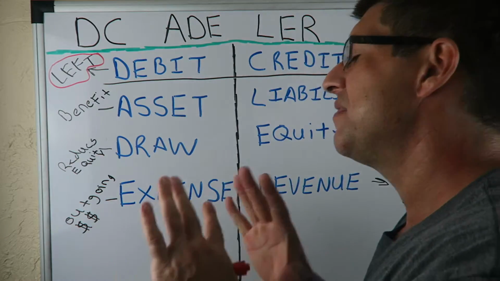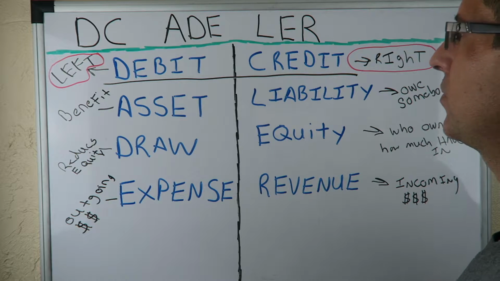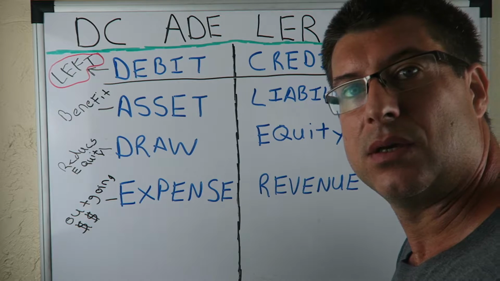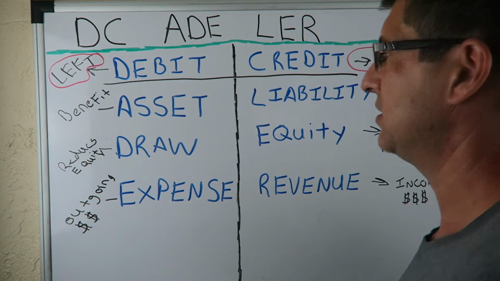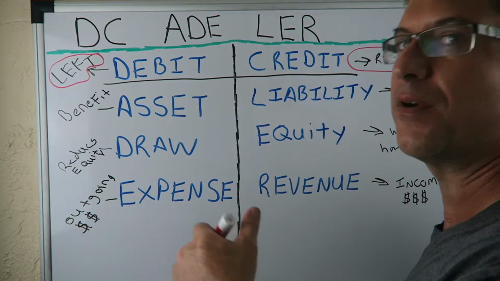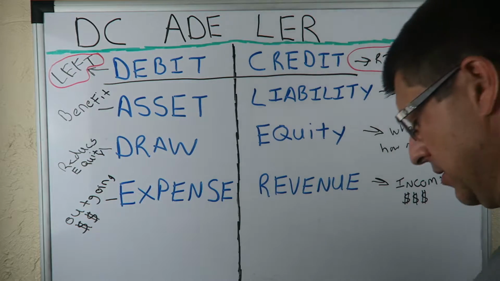Let's get it in. This video is going to be debits equal credits. All right, debits equal credits. That's another huge one. Now, if you remember from the previous one, debits left, credits right.